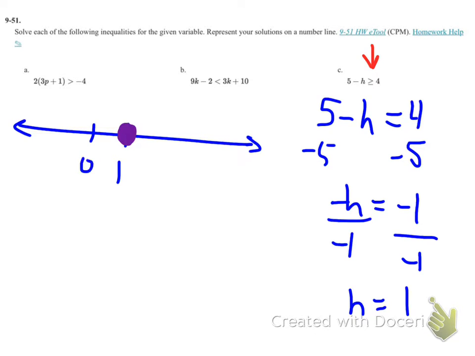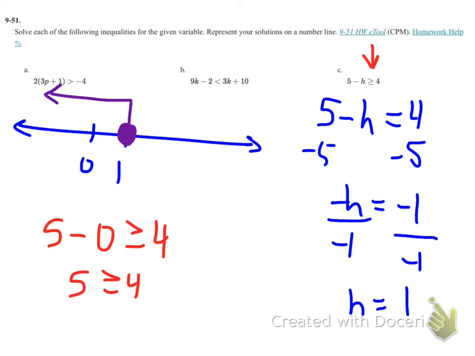Testing 0 for this one. I now have 5 minus 0 is greater than or equal to 4. 5 is greater than or equal to 4. That is true. So I am going to shade in that direction. Testing a number on the other side, just to prove the other side does not work: 5 minus 2, is that greater than or equal to 4? 3 greater than or equal to 4.